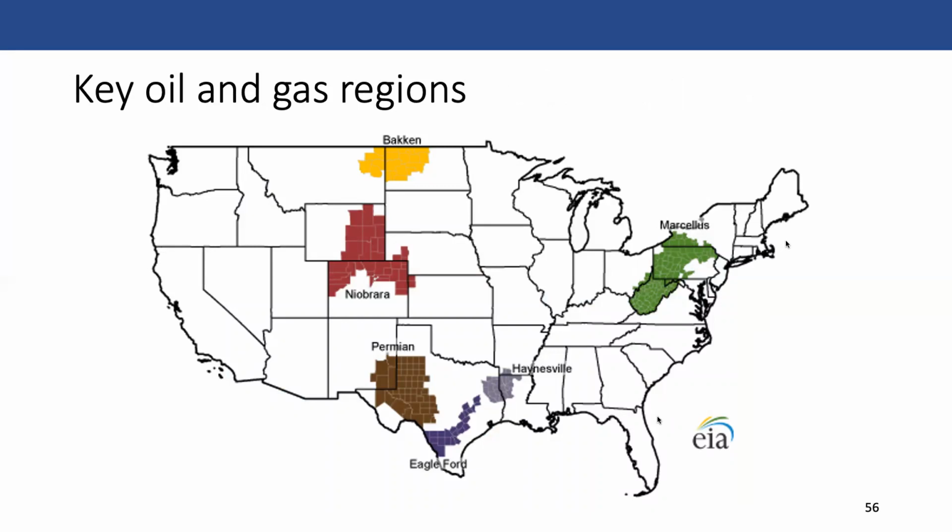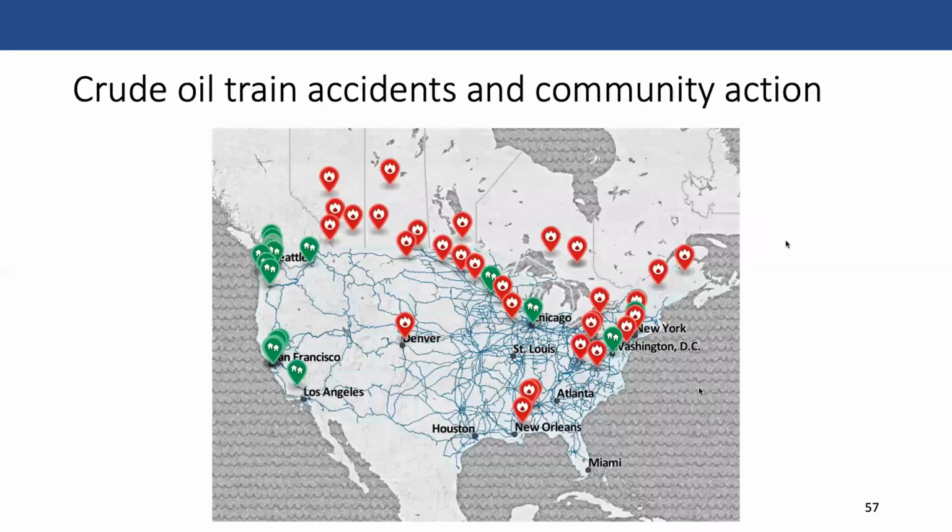From the land-based drilling perspective, some of the key oil and gas regions, so we looked at some of this before. You've got your shale regions where you're extracting oil and natural gas. One thing to notice here is that these resources are located away from a lot of the populations along the coast, which means you have to have transport out to those regions, and that oftentimes will result in accidents.